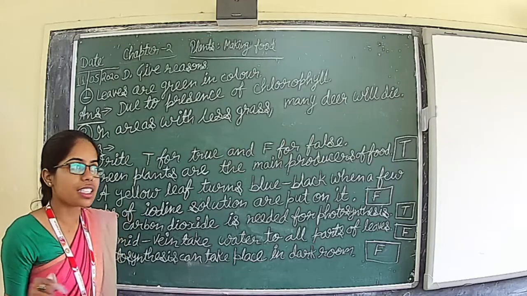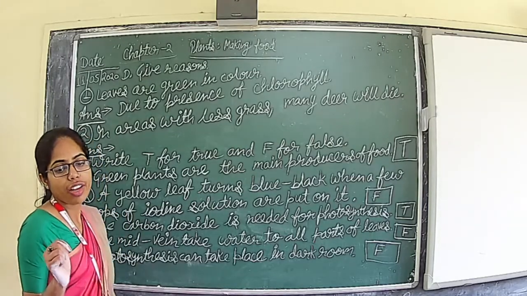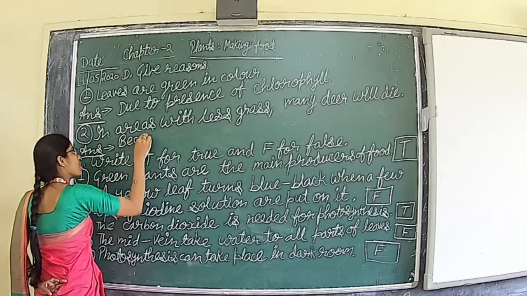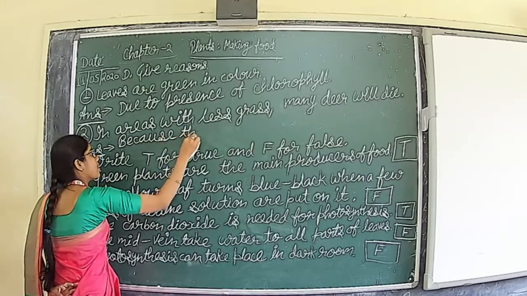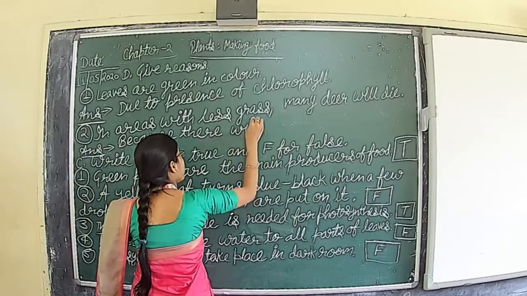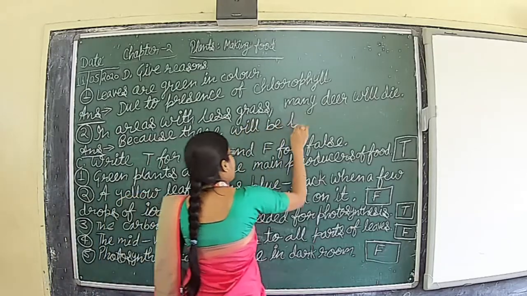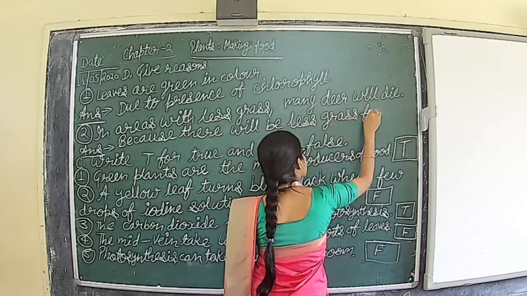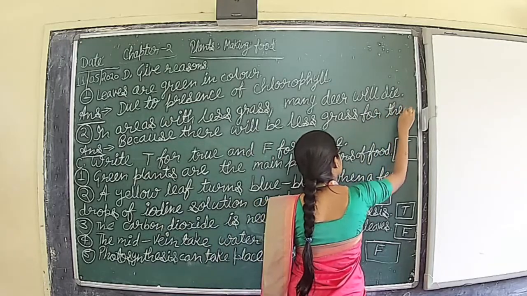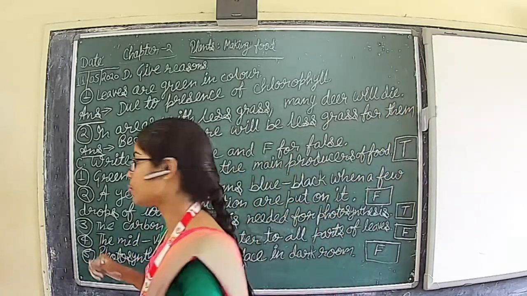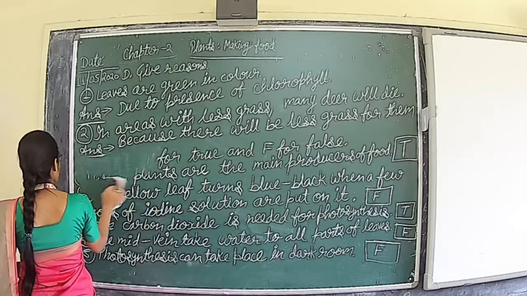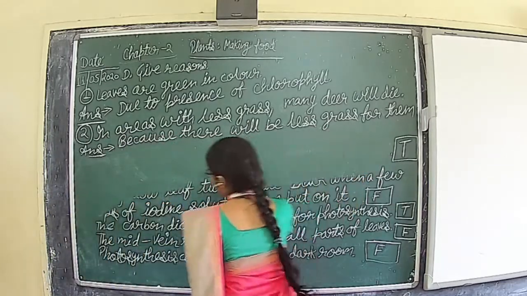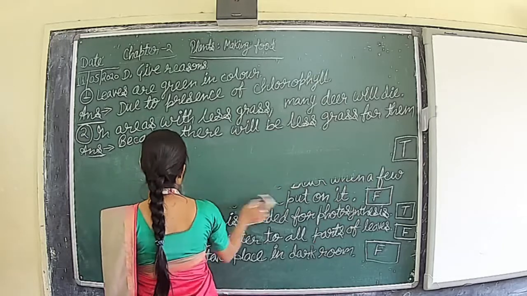Because there will be less grass for them to eat, so they will starve and die. Now I am going to rub this exercise C. I hope all of you have finished writing exercise C. So I am rubbing this exercise.